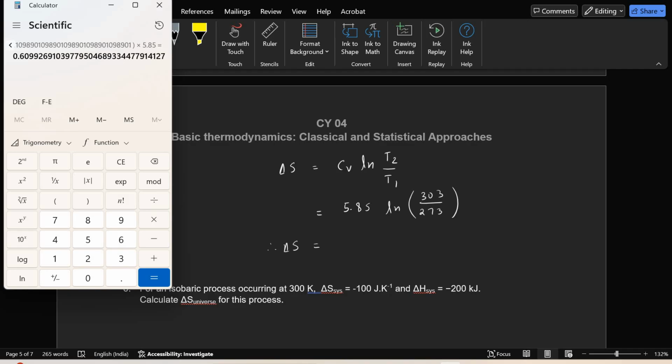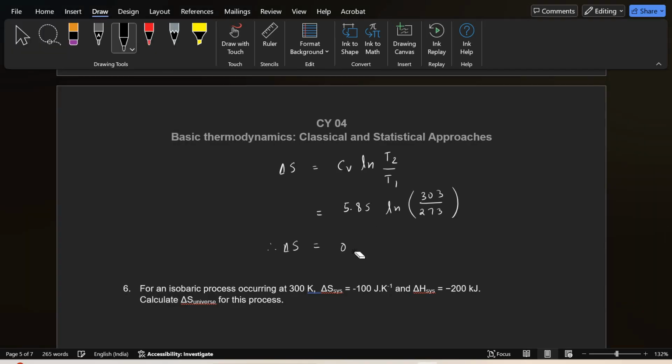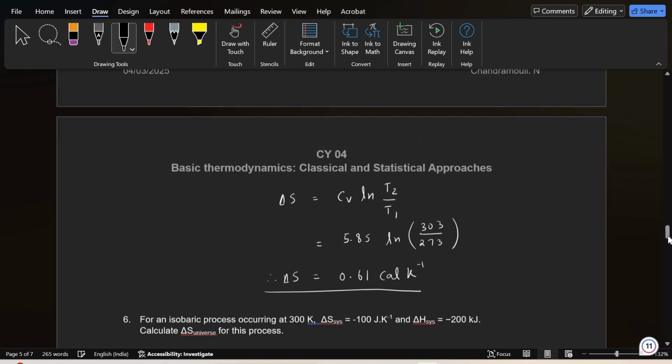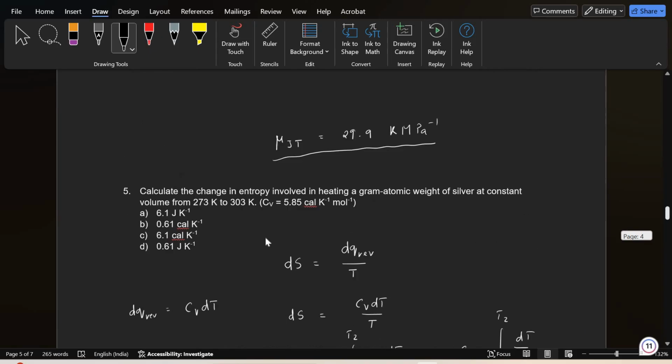Okay, so this is 0.61. We'll write it as calorie per Kelvin. Per mole, no? Since it's a gram atomic, we'll keep n, the number of moles, here, so the mole will be gone. So this is the final value, and we have that option as well. So B is the option.